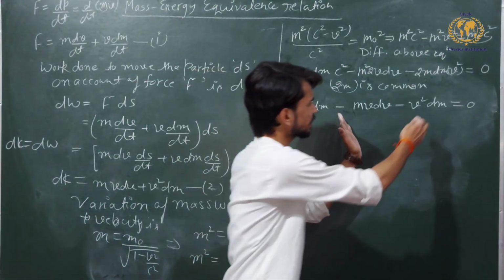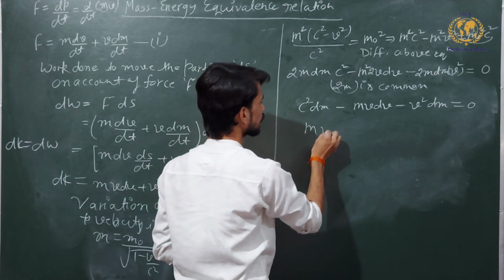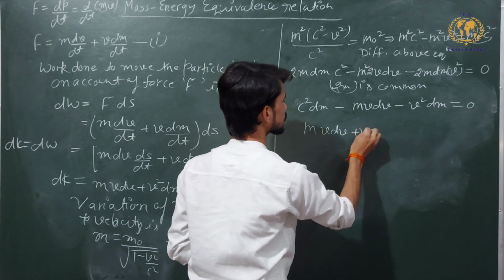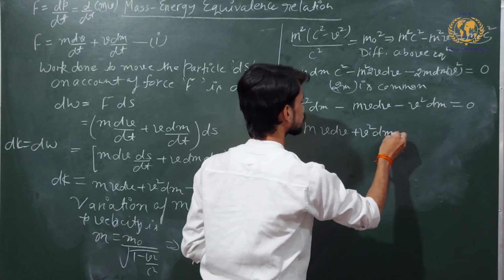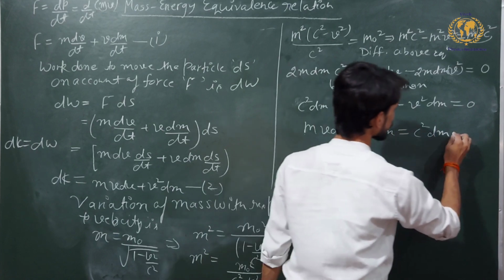Now let me take these two terms to the right hand side. I will get mv dv plus v square dm equals c square dm. Let's say this is equation number 3.